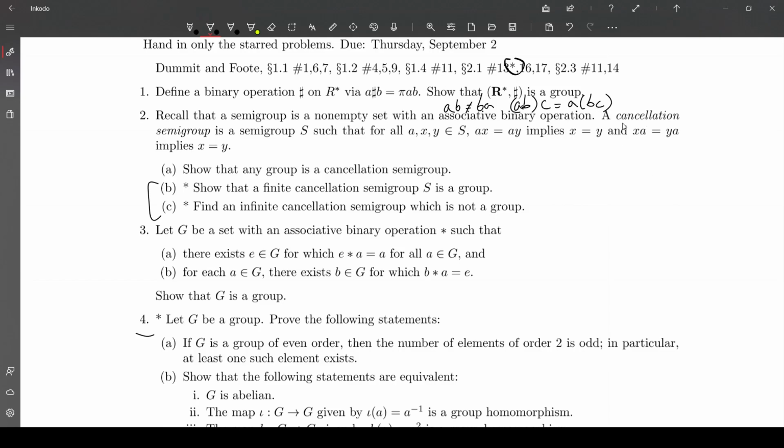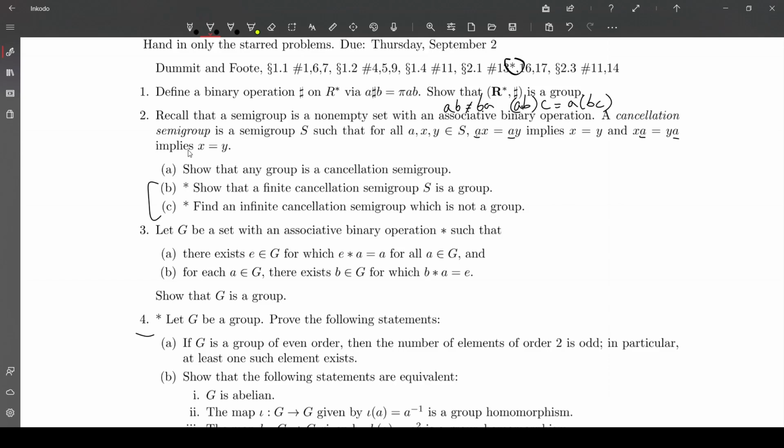And it's a cancellation semigroup if you can cancel out elements of a set being on the left or right hand side of an equation. So here we have left cancellation, here we have right cancellation.